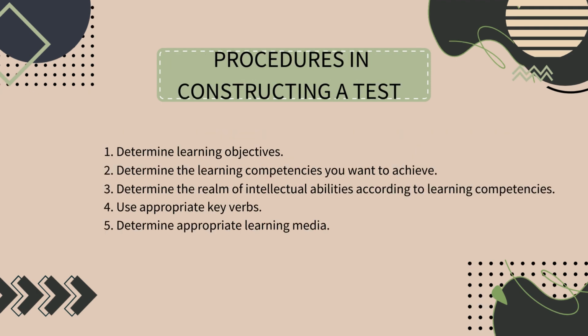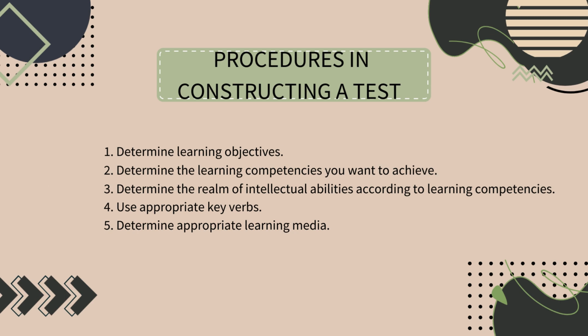The next material is procedure in constructing a test. Number one, determine learning objectives. This is a process of identifying the purpose of learning, which is necessary to determine the learning competencies to be achieved.